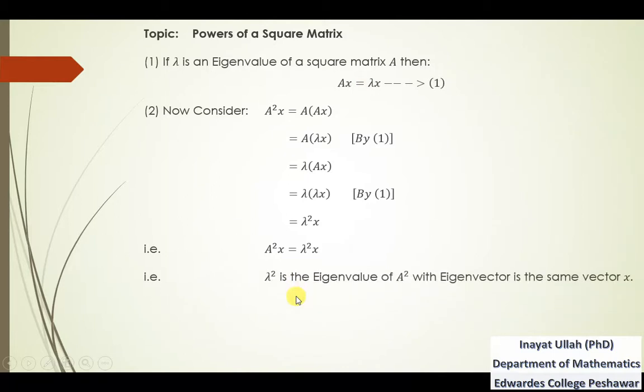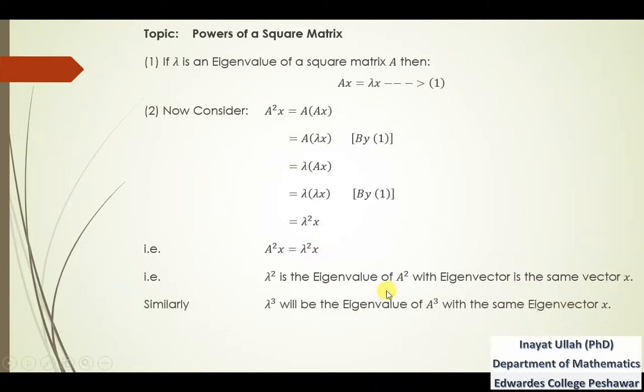Similarly, lambda square is the eigenvalue of A square with eigenvector x. You see that the eigenvalue changes to lambda square, but the eigenvector is the same, x. The same x is here. So eigenvalues are changed, but the eigenvector remains the same.